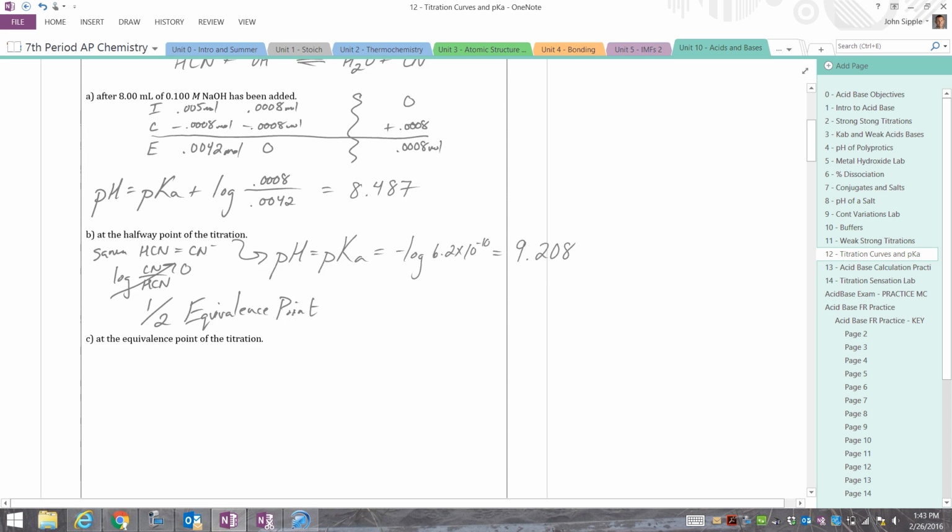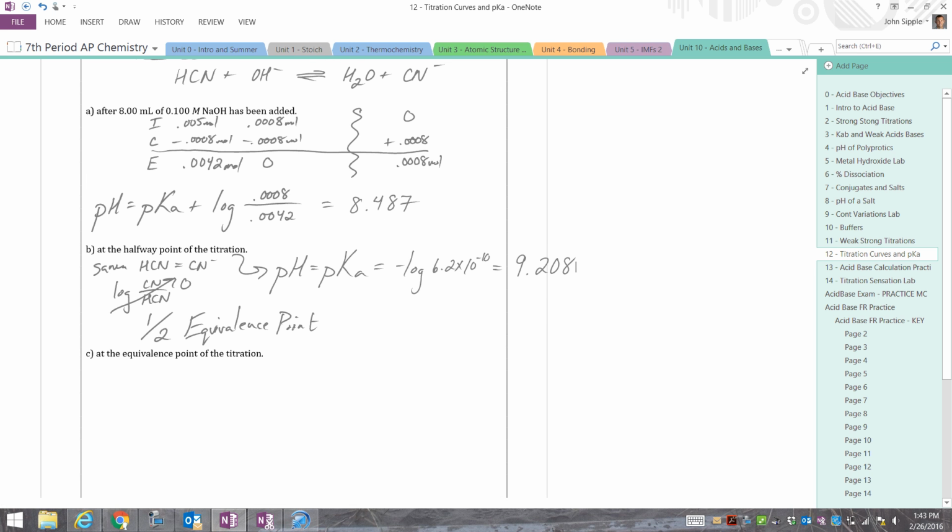And the equivalence point. So what's the deal with the equivalence point? What has happened at this point? Yeah, we've neutralized the whole thing, right? We neutralized all the HCN. If that's the case, what did all the HCN turn into? The CN minus, right?